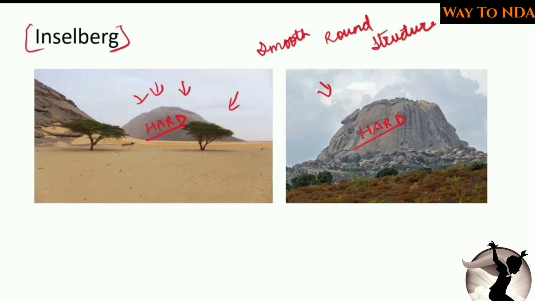That is the reason it is not worn away easily. The winds are still acting on it, but they are not able to wear it away, they are only polishing it. You will find these dome-like structures standing out single-handedly in the region. These are called Inselbergs.